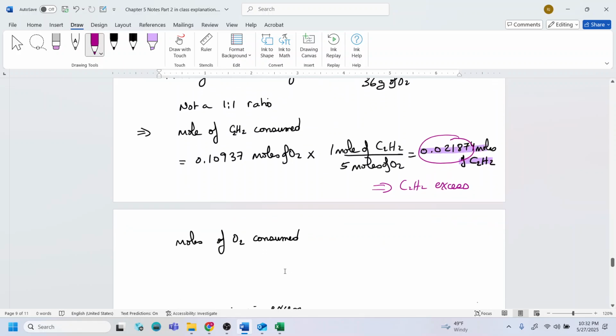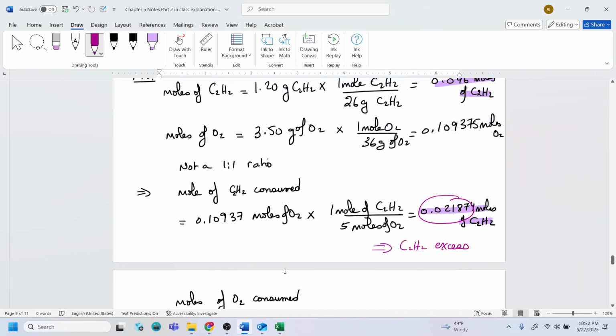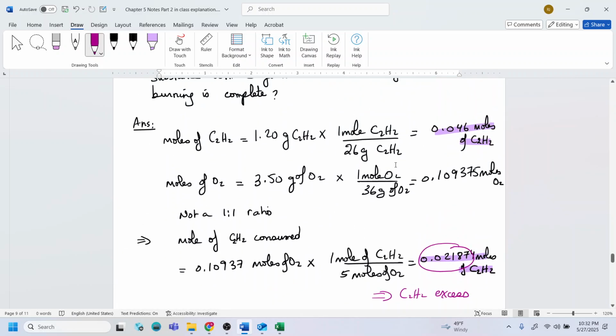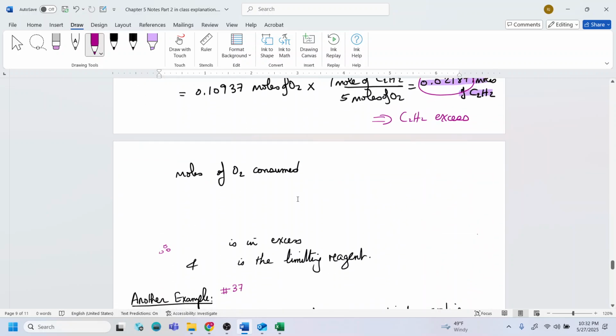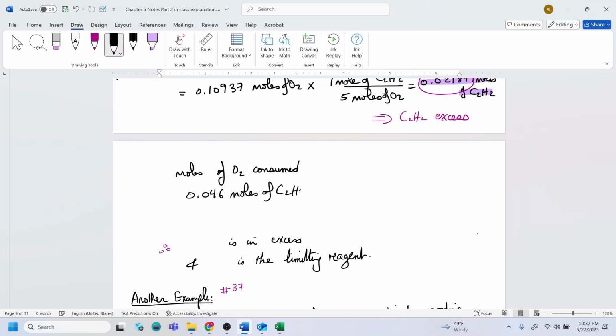So let's do that. Moles of oxygen consumed in there. So I am going to take the moles of the acetylene. Okay. That is going to be 0.046 moles of acetylene. Okay, and I know the mole ratio in here, which is 5 moles of oxygen for every 1 mole of acetylene, and that is equal to 0.23 moles of oxygen.